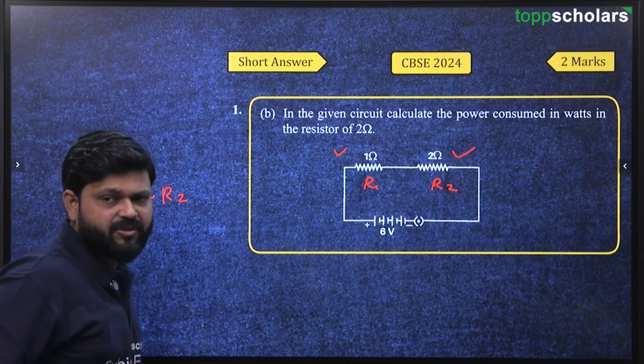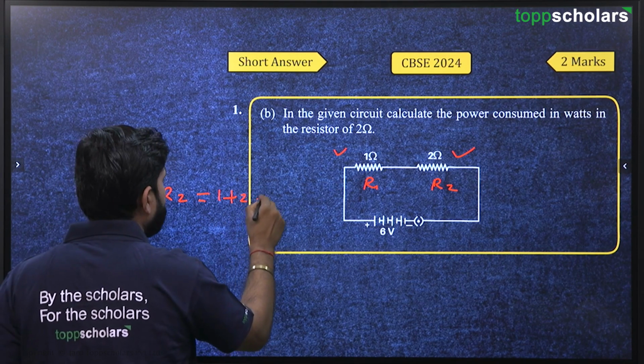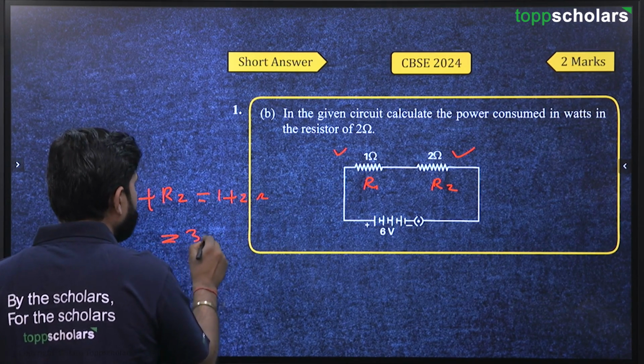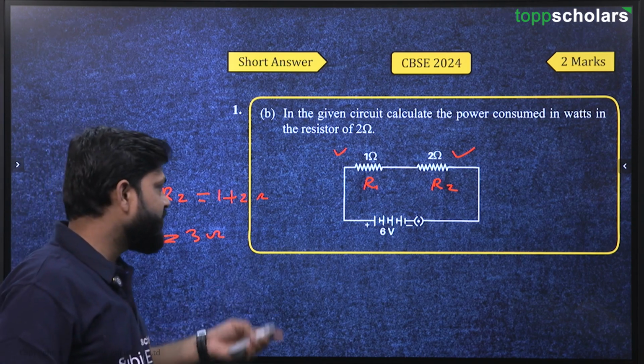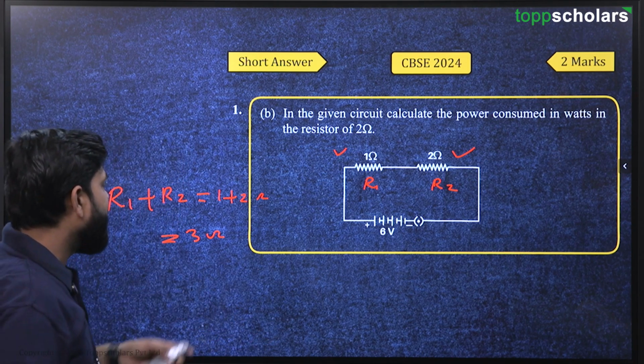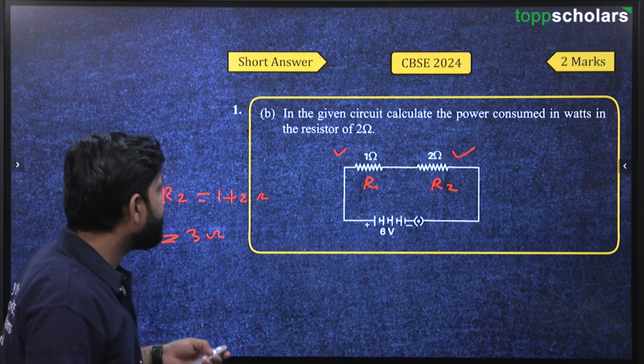As these are in series combination, it will be 1 plus 2, so it will be 3 ohm, right? We have got the total equivalent resistance of this circuit, 3 ohm. And there is a battery of 6 volt.